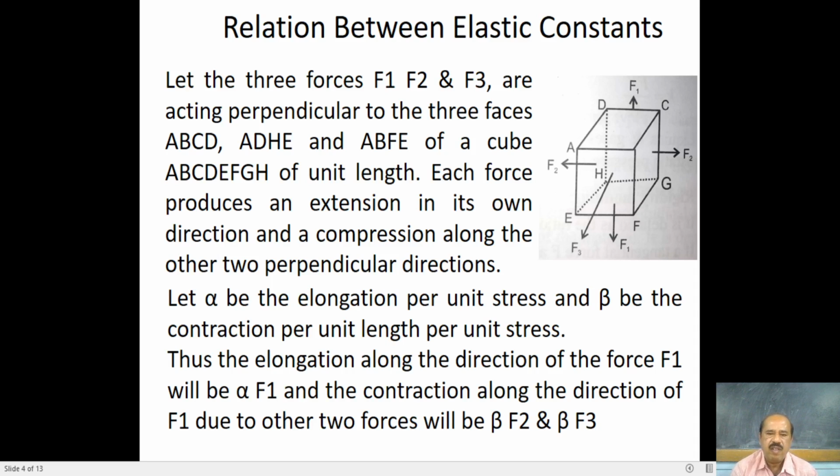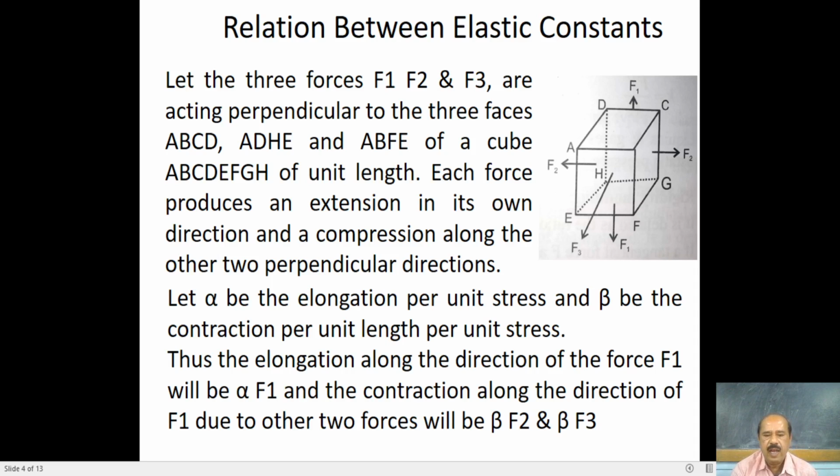Let the three forces F1, F2 and F3 be acting perpendicular to the three faces ABCD, ADHE and ABFE of a cube. The cube is represented as A, B, C, D, E, F, G, H of unit length. Each force produces an extension in its own direction and a compression along the other two perpendicular directions.